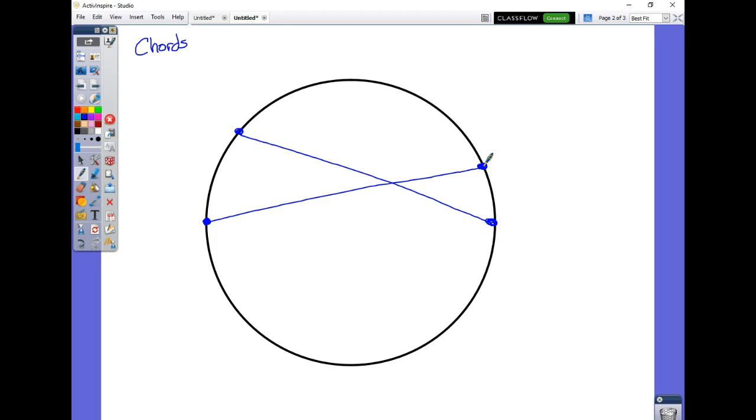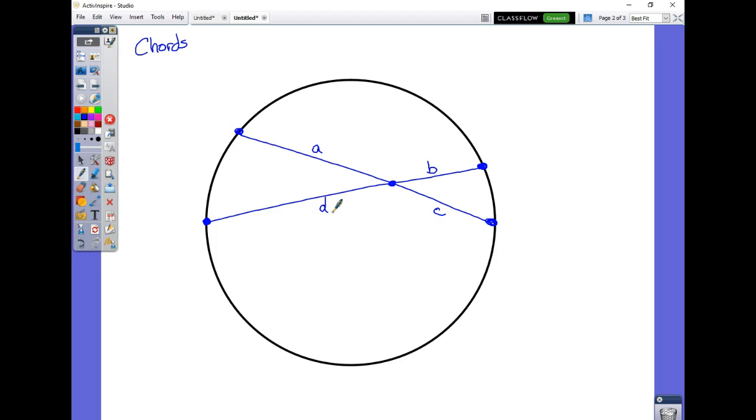Now, if they're not intersecting chords and they simply come down to a single point, such as an inscribed angle, there's not much you can do about this. There's not a relationship that's going to really work with that, and that's because of how this relationship works. So there are essentially 4 line segments that exist here. There is an A, a B, a C, and a D line segment.